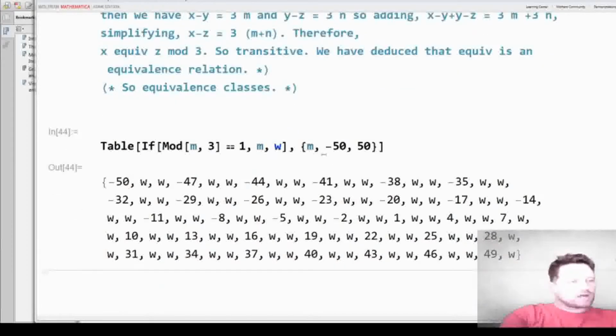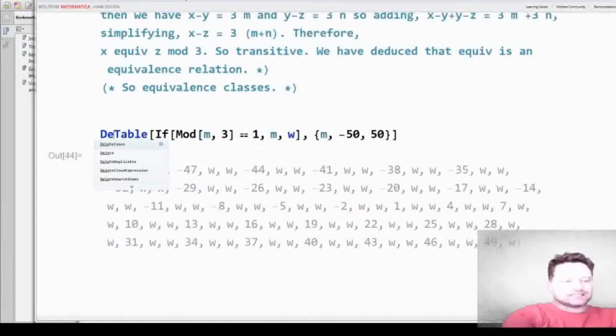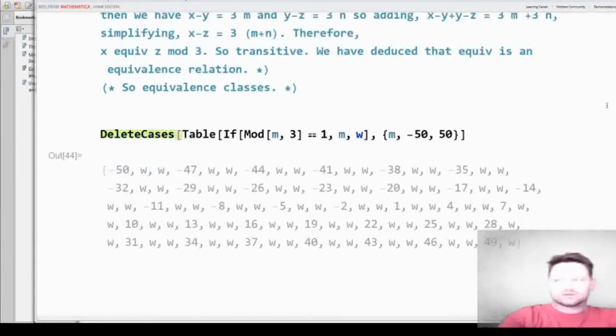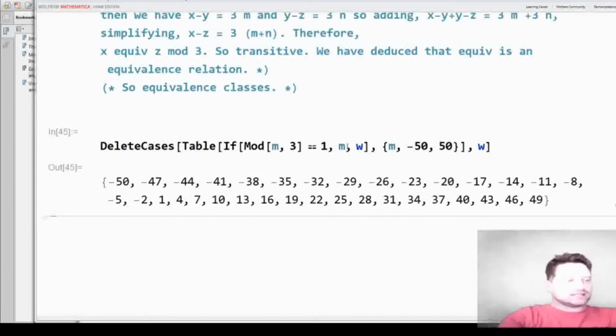In that range from -50 to 50, you have all the numbers that are congruent to 1 modulo 3. So if we now want to get rid of the w's, we can just put delete cases w, and now we have a nice list of those numbers between -50 and 50 that do belong to the same equivalence class, those that are congruent to 1 modulo 3.